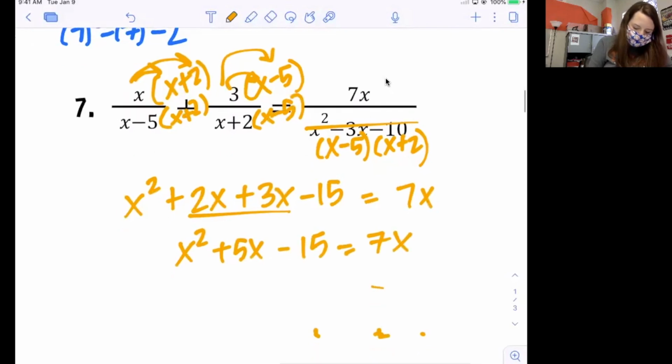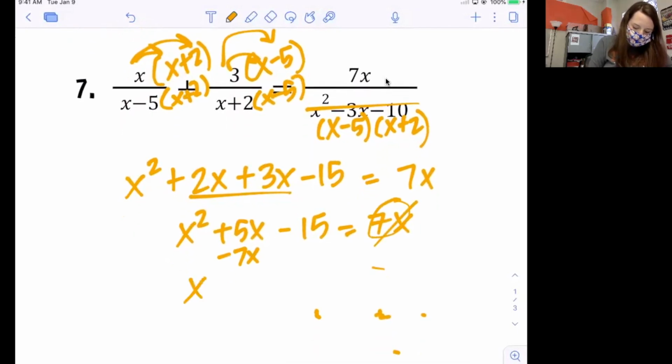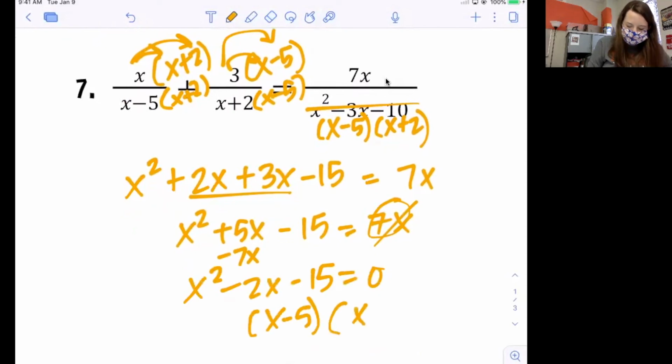Subtract the 7x. We get x squared minus 2x minus 15 equals 0. So that will factor as x minus 5, x plus 3.